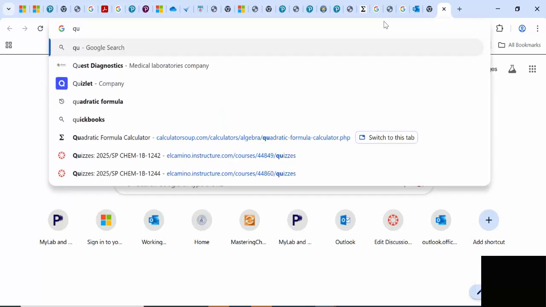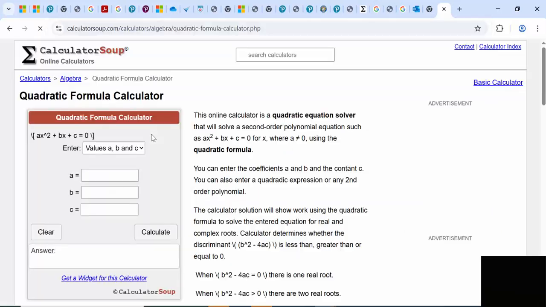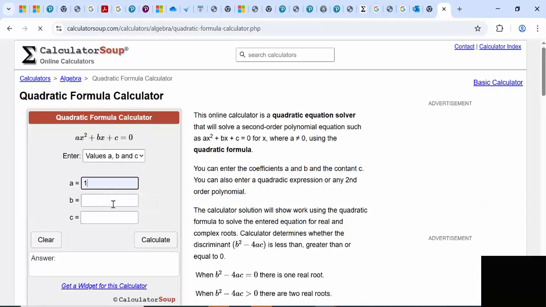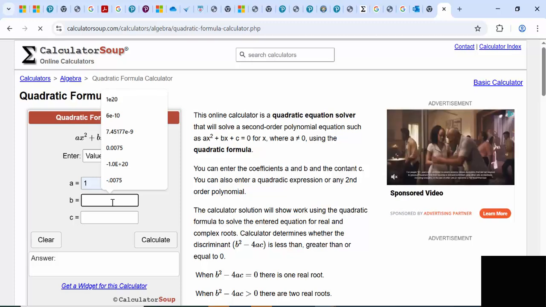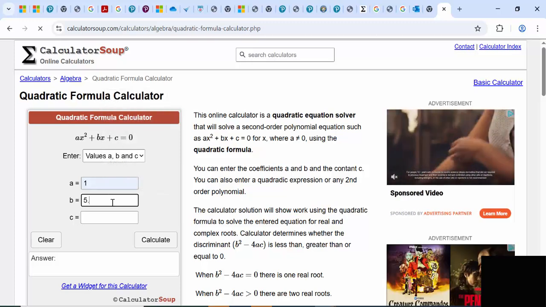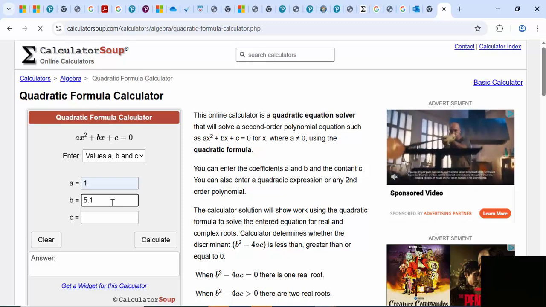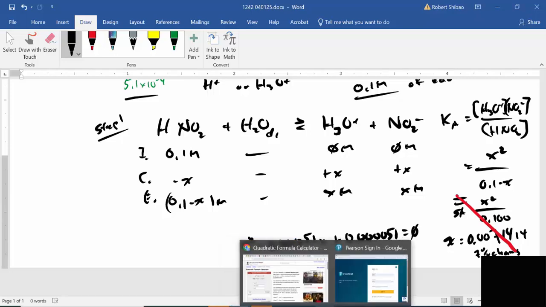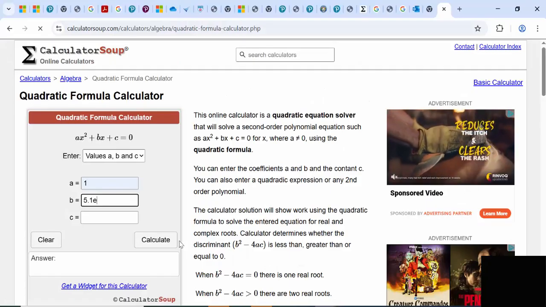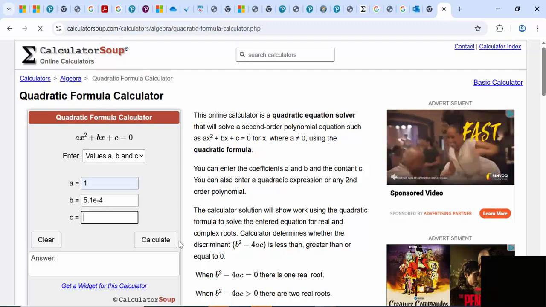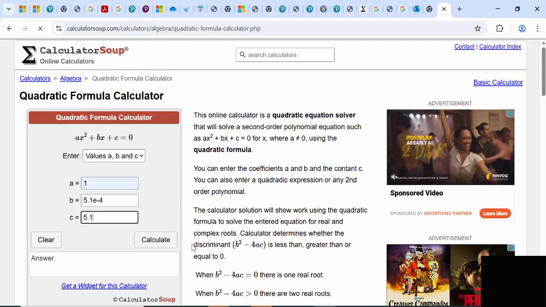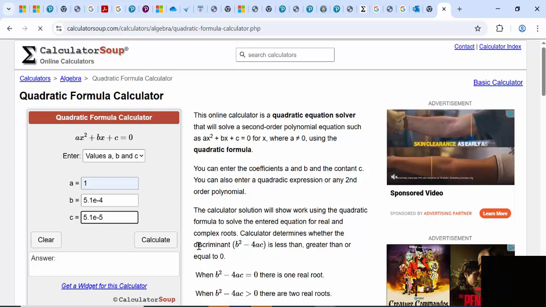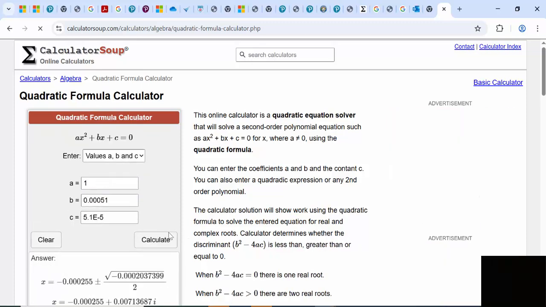For homework, I would just use a quadratic calculator online or something. So that's 1, and this was 5.1 times 10 to the minus 4, and 5.1 times 10 to the minus 5. And calculate that.